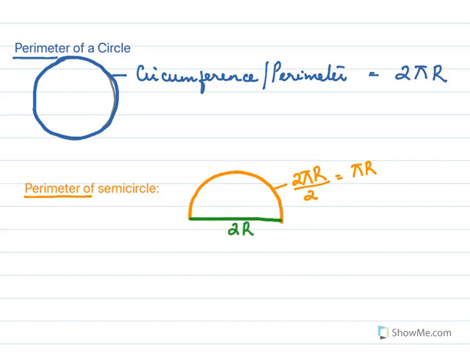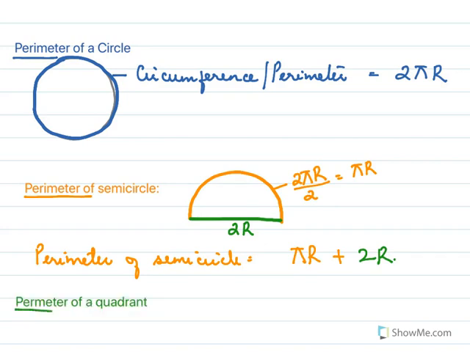So when you are finding the perimeter of a semicircle, it is pi r plus 2r. That would be the perimeter of a semicircle.